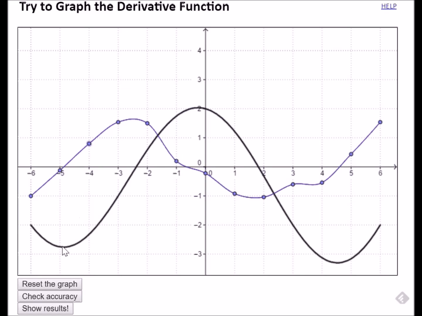I'm still checking if I'm crossing the x-axis at the right place. So I've slightly adjusted my curve so that my slopes are increasing. As you can see, they're quite negative. They become 0, and here it should be the largest positive value for f prime. So you can see I have a maximum for f prime here.